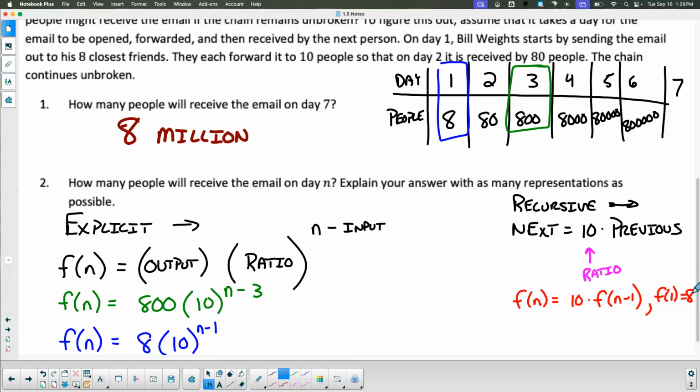We need one number somewhere in the sequence so that we set it. We don't just multiply any number that we want by 10. Okay? Questions on that?